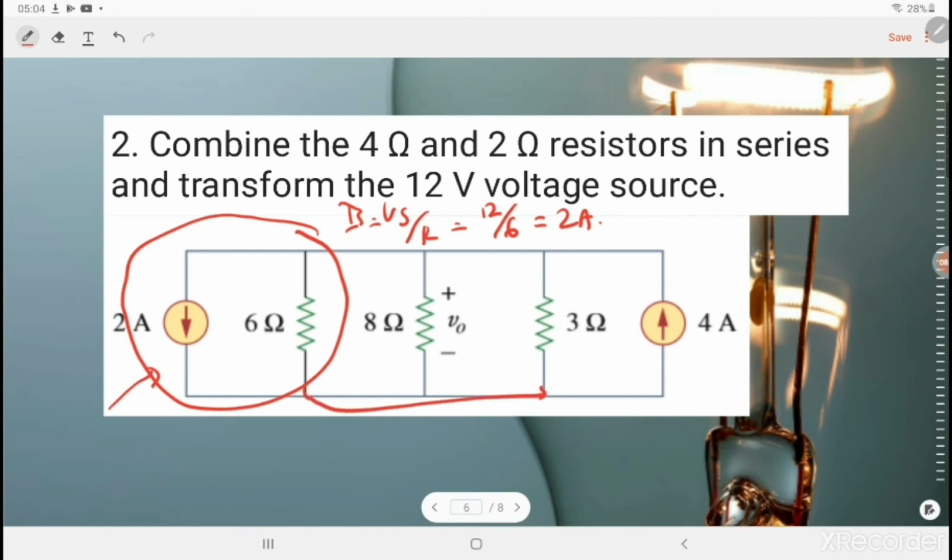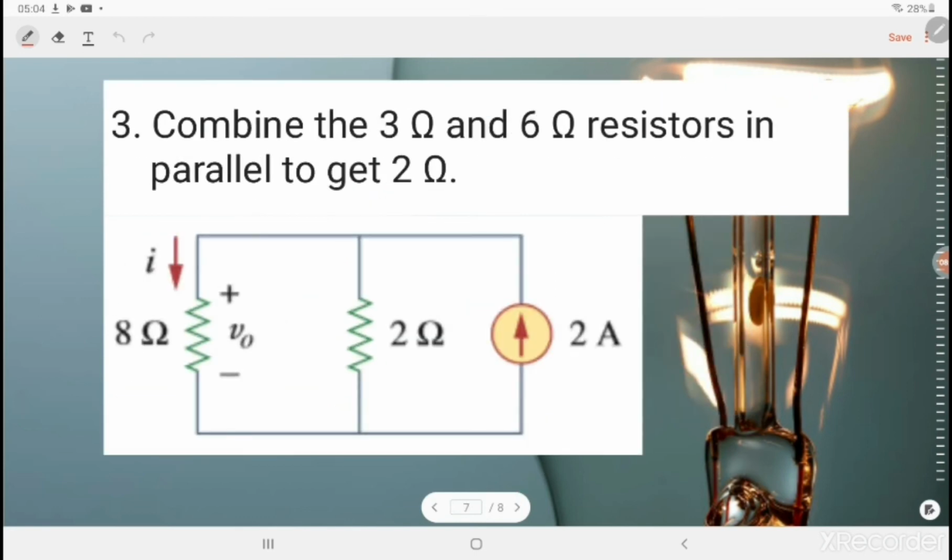Bear in mind, you cannot combine 6 ohm with 8 ohm, because the value that we are looking for is actually at the 8 ohm. So please don't change the 8 ohms configuration. We combine 6 ohm and 3 ohms. Therefore, 3 ohms parallel with 6 ohms gives you the value of 2 ohm.